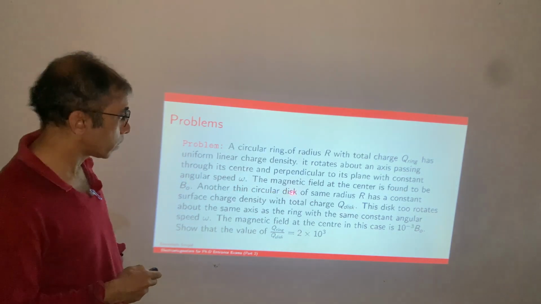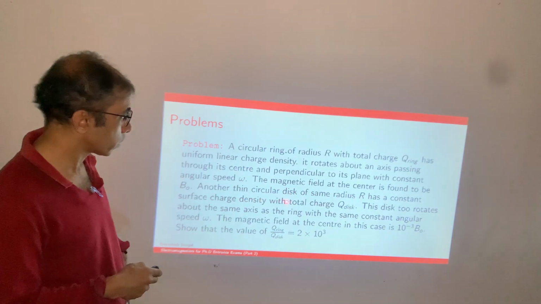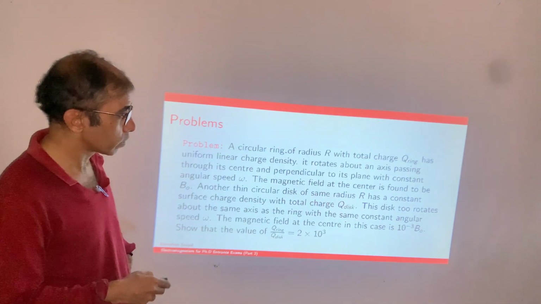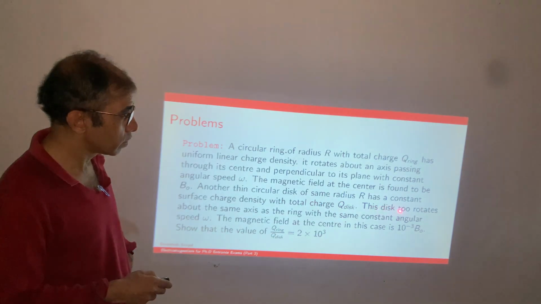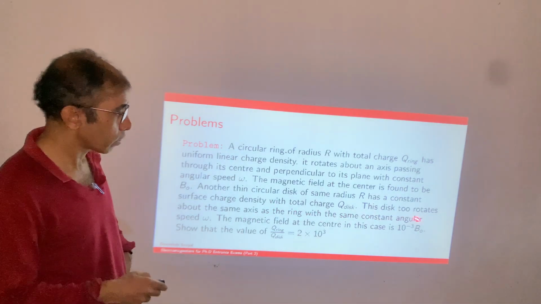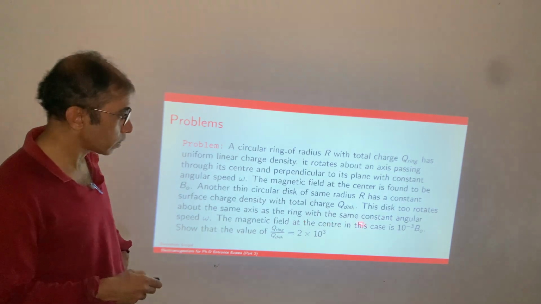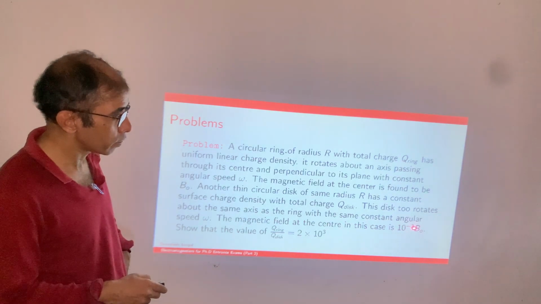Another thin circular disk of the same radius r has a constant surface charge density with total charge Q disk. This disk too rotates about the same axis as the ring with the same constant angular speed omega. The magnetic field at the center in this case is 10 to the power minus 3 times B0.